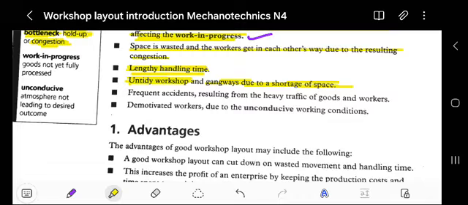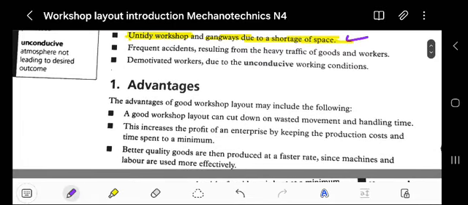Obviously, we need workshop management. If we are crowded, it will result in an untidy workshop, due to a shortage of space. This is a simplified note, and this one is also simplified.